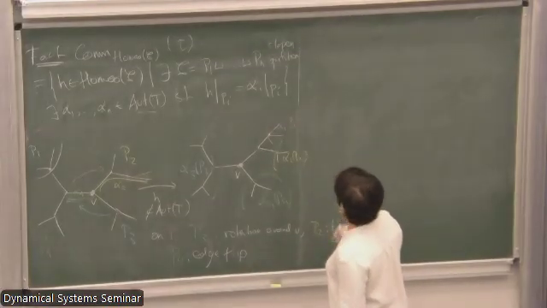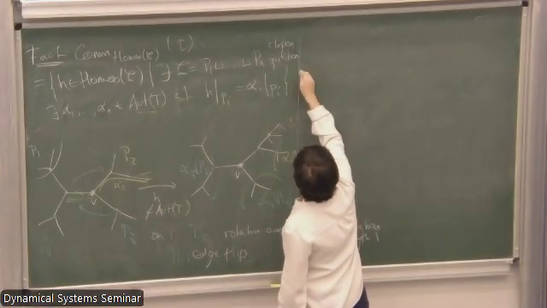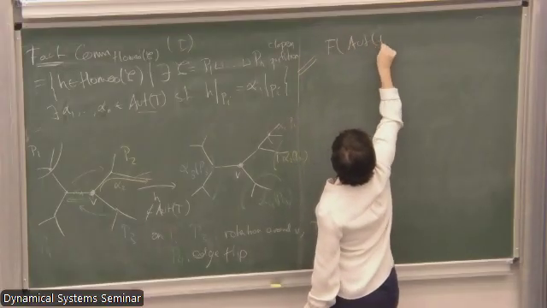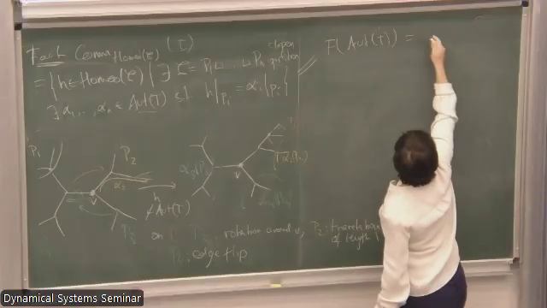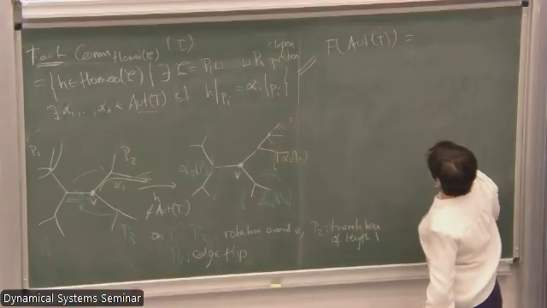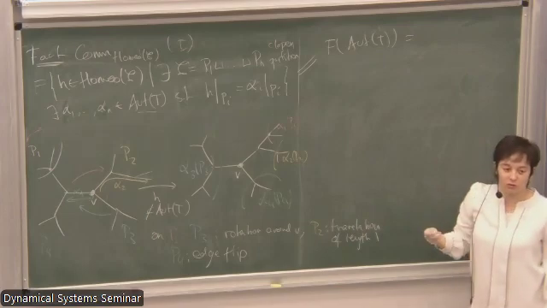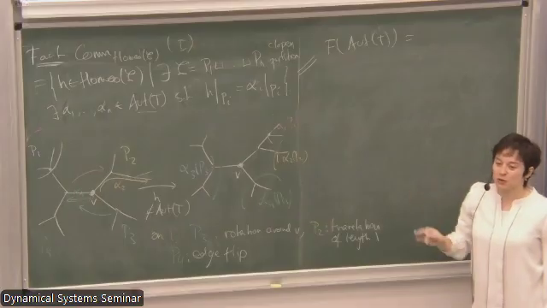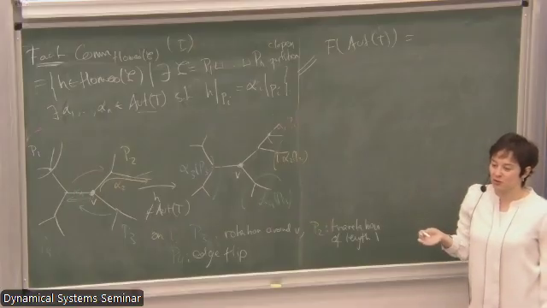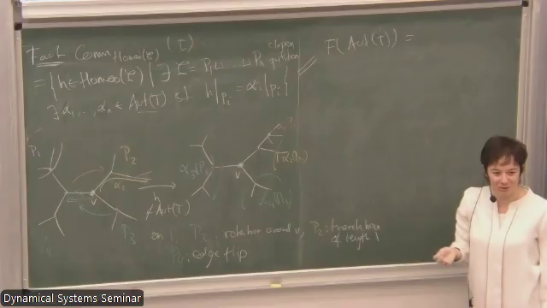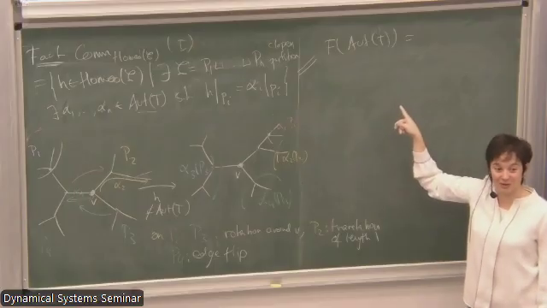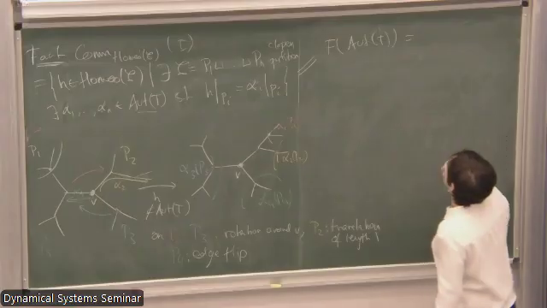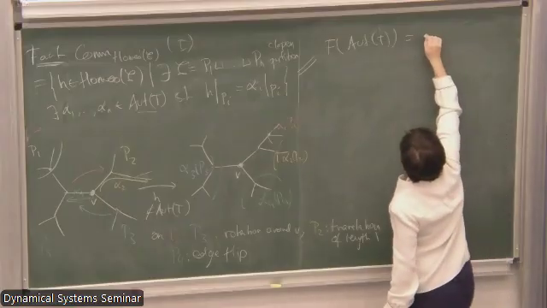Okay, so what is this thing? This thing has a name. This is F of Aut T, and we call it the piecewise full, or topological full group, for people who know about topological full groups. I'm not going to call it a topological full group because topological full groups are usually discrete, uncountable. And this is going to be a topological group in the sense that it has a topology that preserves the group operations. So I'm just going to say it's the full group.